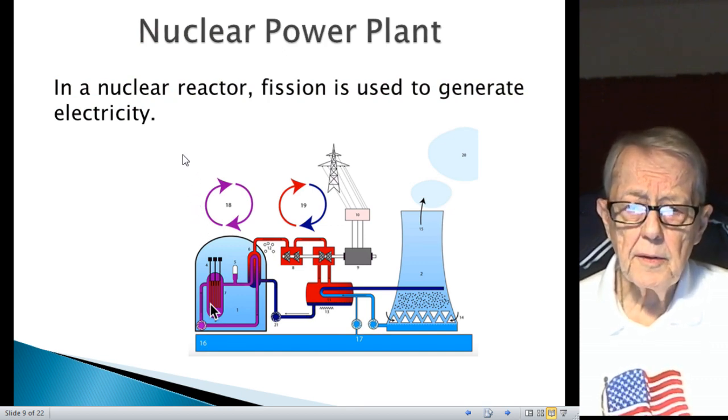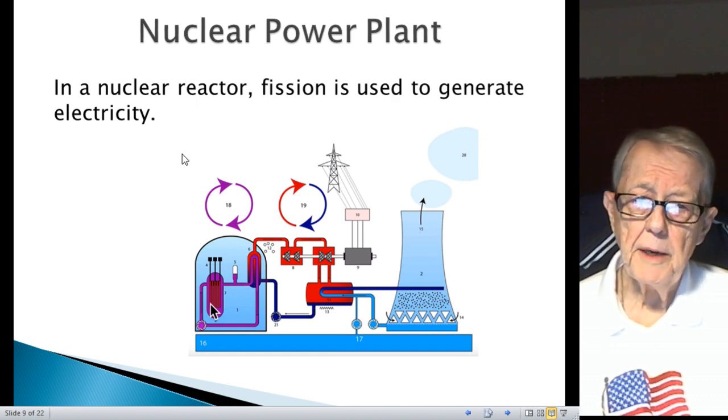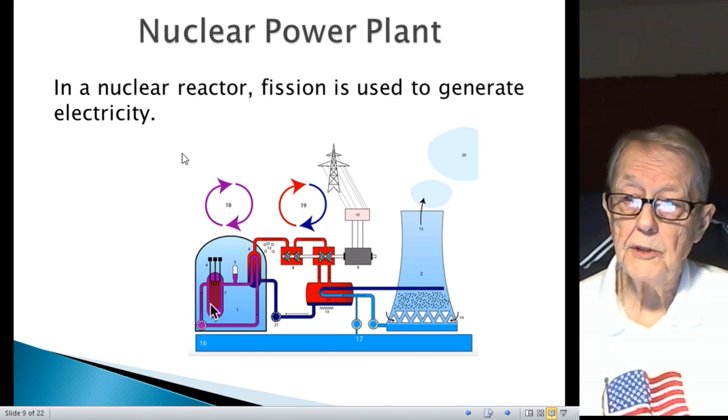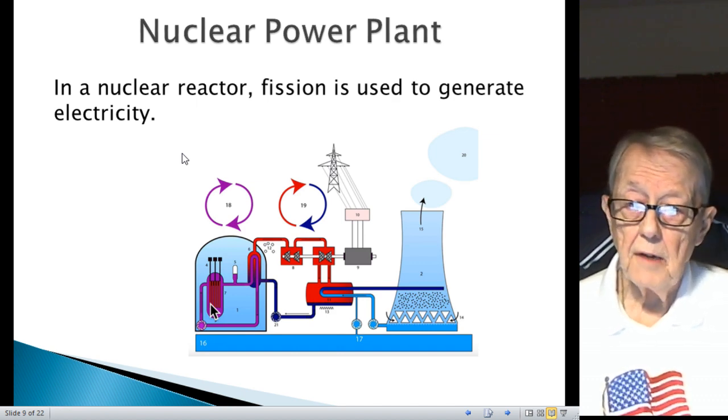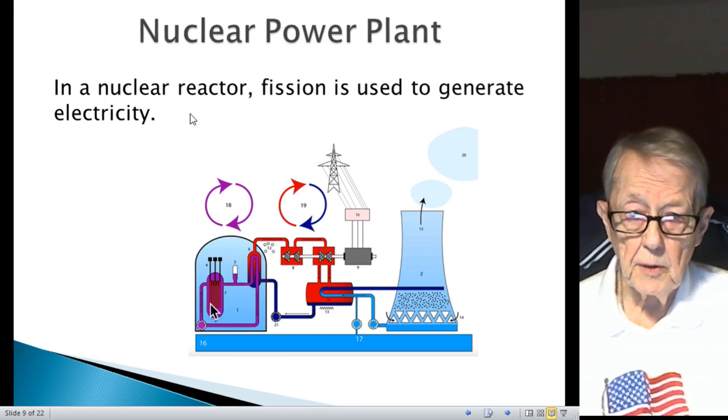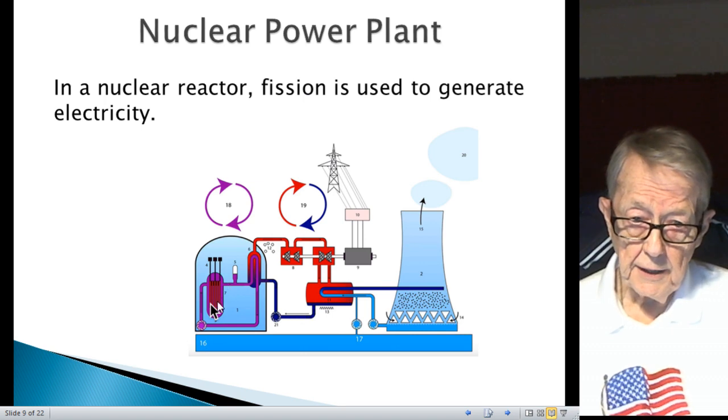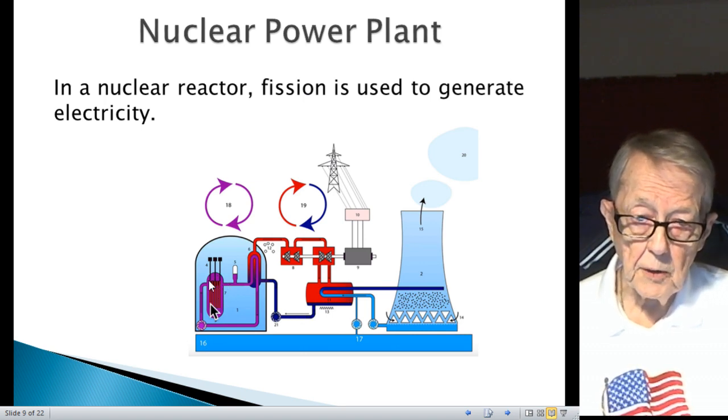And the video goes on to explain about the nuclear power plant. They use this as an example of energy generated in a nuclear reactor. Fission is used to generate electricity. And it does this by having a nuclear reactor here on this side with U-235 and control rods.